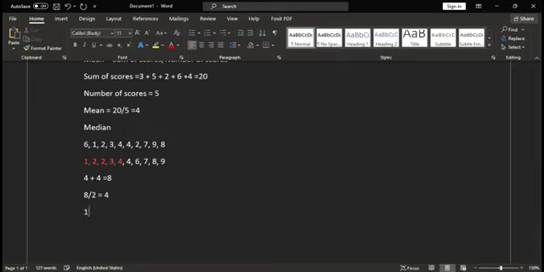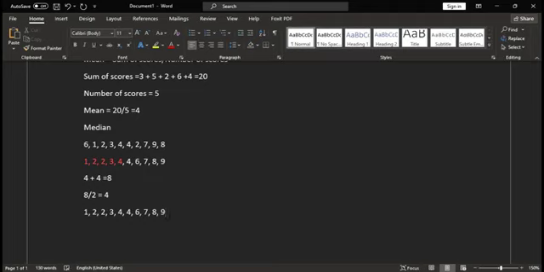Let's pick them already arranged: 2, 2, 3, 4, 4, 6, 7, 8, 9.